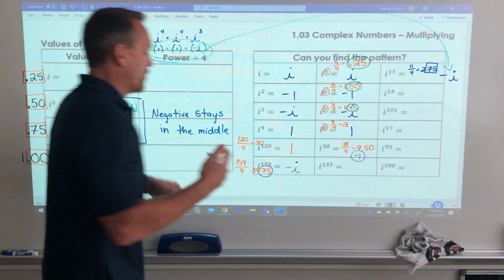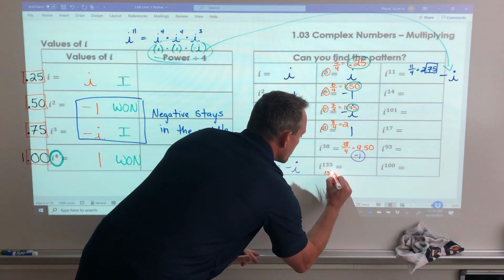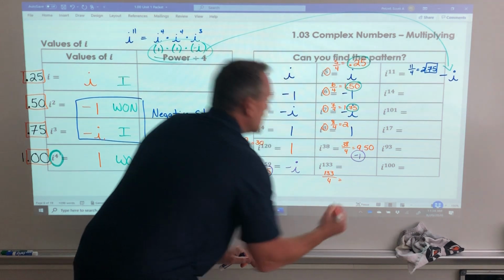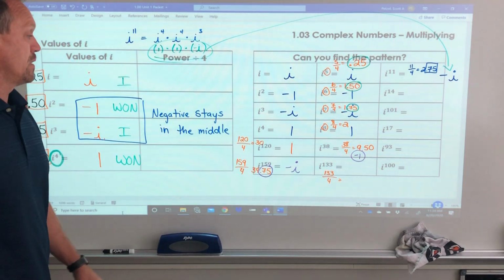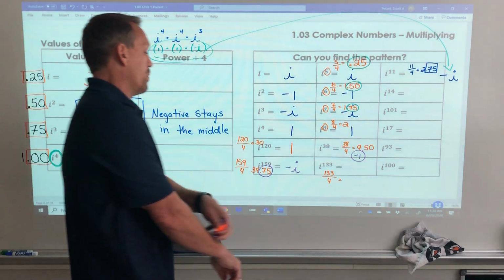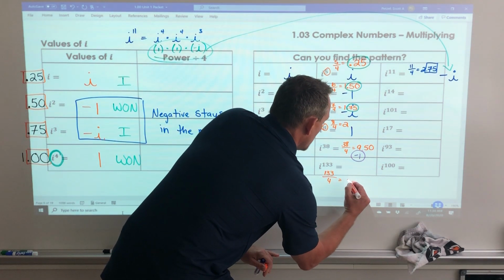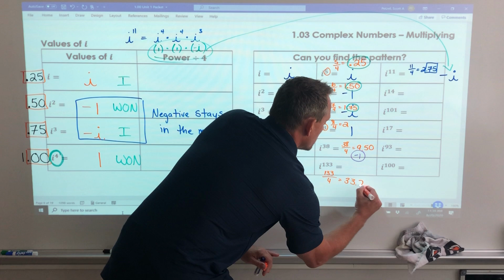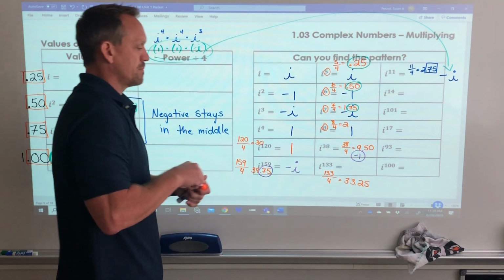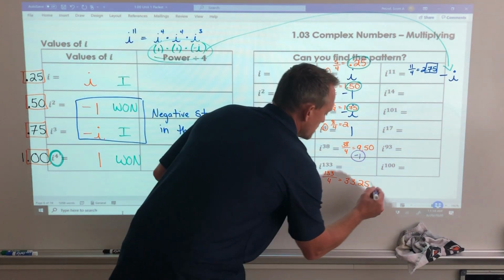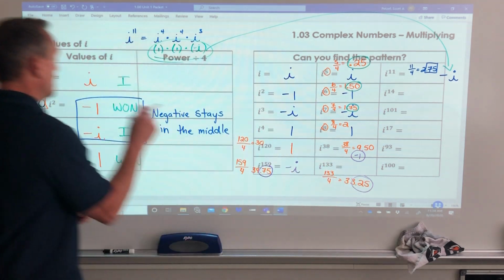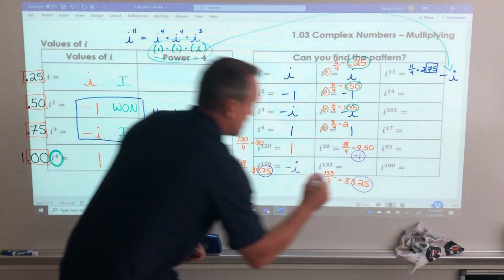So if I do 133 divided by 4, that should be 10, 20, 30. It should be 0.25 somewhere. It should be 33.25. Gives me i.